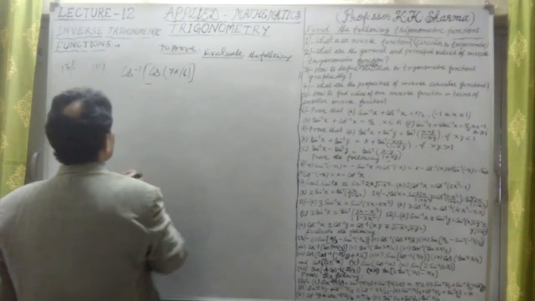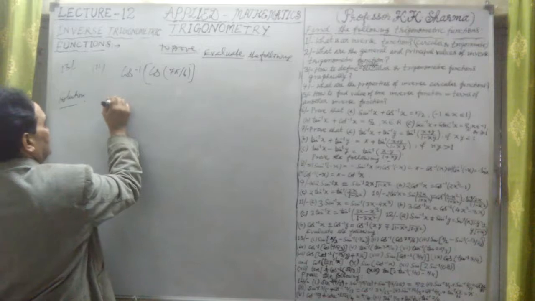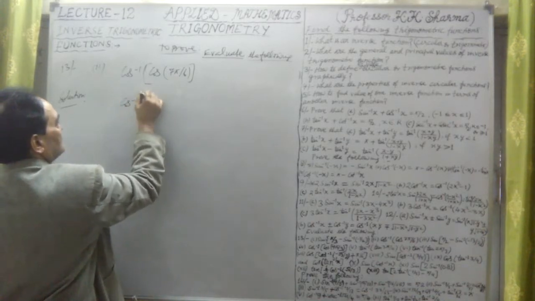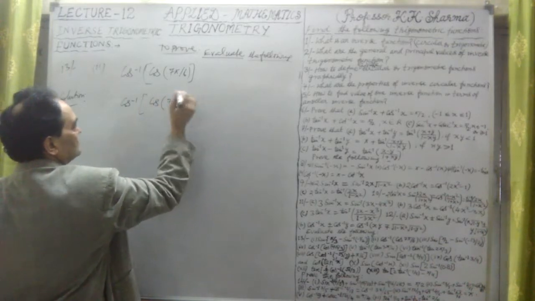Okay, let us take this. This is the second part. It can be taken as cos inverse of cos of 7 pi by 6.